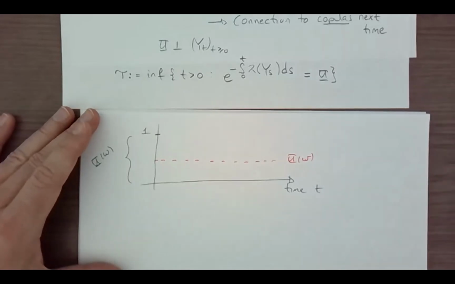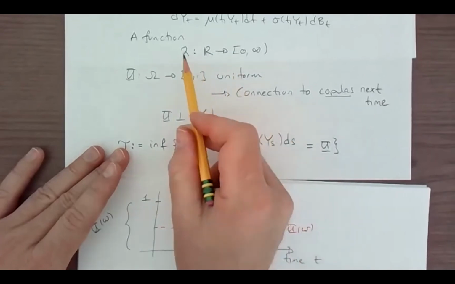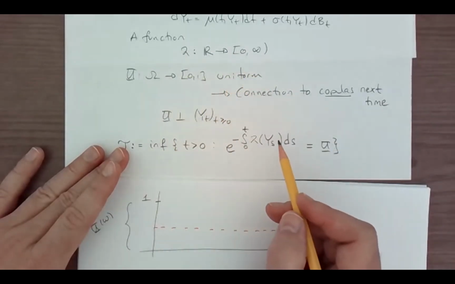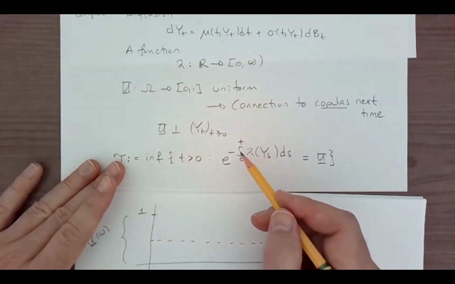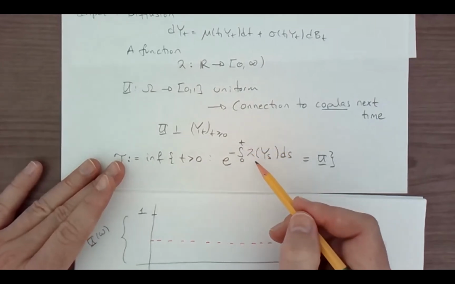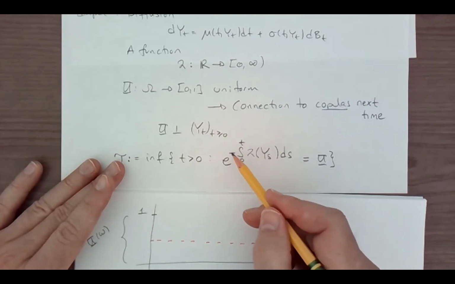Now, I'm going to grow a path of Y. I'm going to plug that path into lambda. Lambda is positive. So I'm going to grow a path of Y using, say, an Euler scheme, plug it into the lambda, integrate up. And because lambda is positive, this integral increases as t increases, so with a minus sign, it decreases.